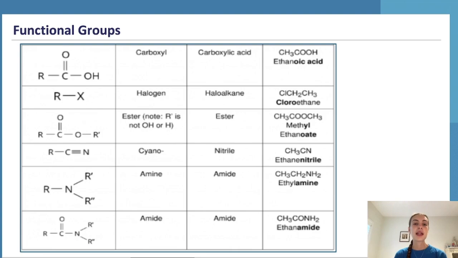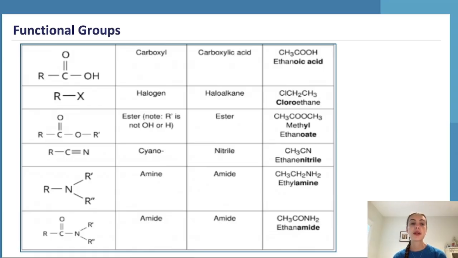The next one we can see is carboxylic acids. Carboxylic acids have what's known as a carboxyl group. What you'll notice about the name of carboxyl is that it sounds a bit like carbonyl and hydroxyl combined, and that's basically exactly what this is.